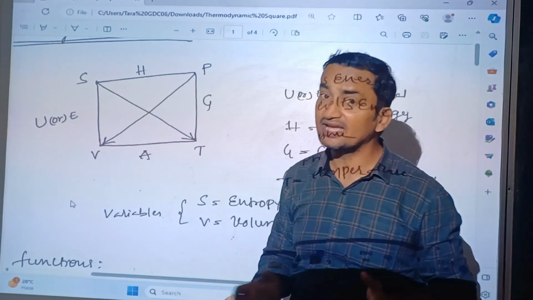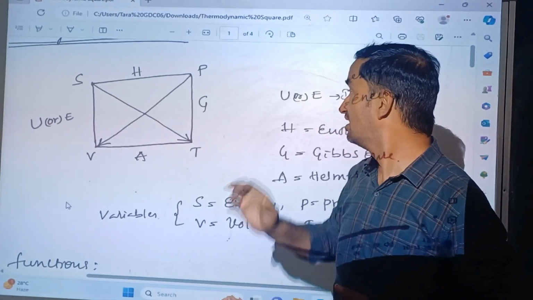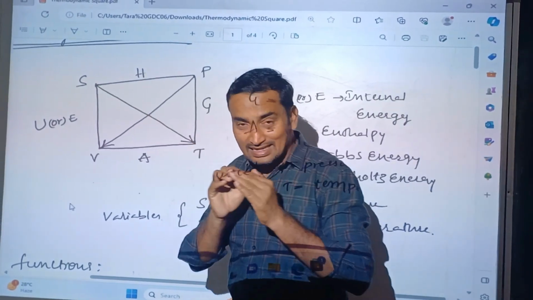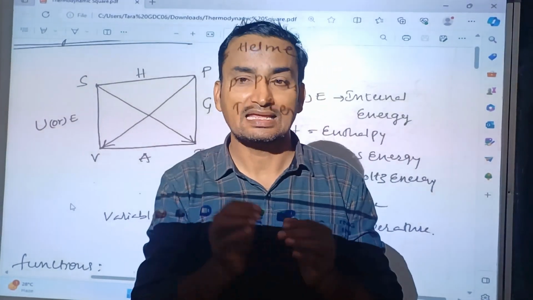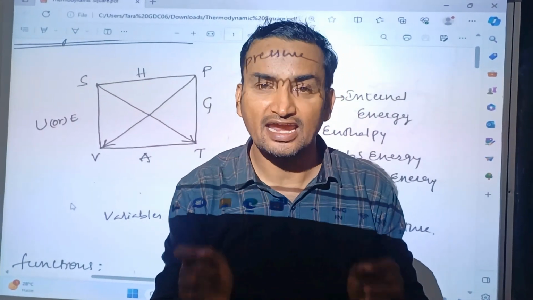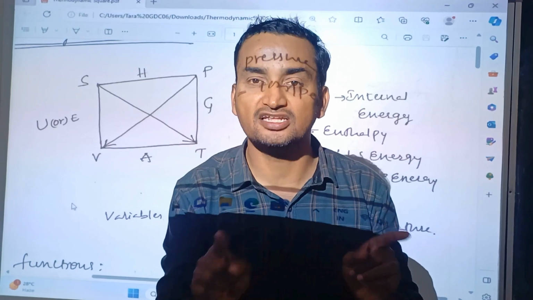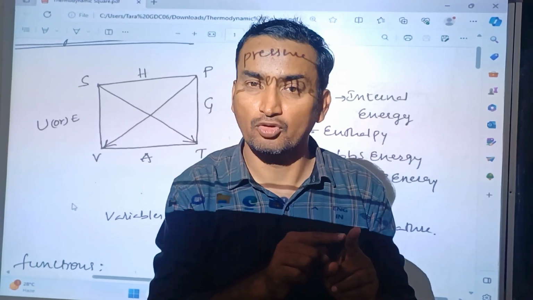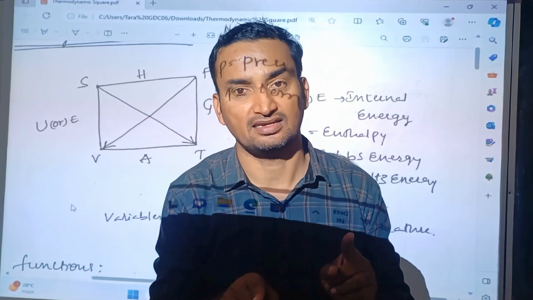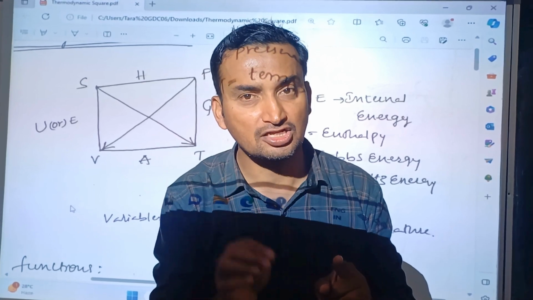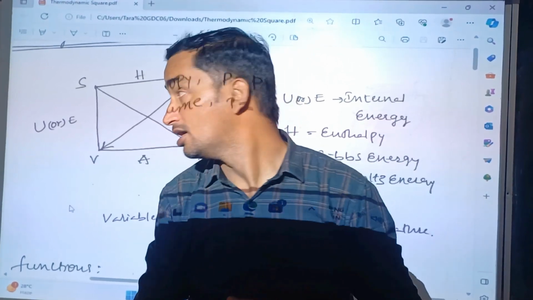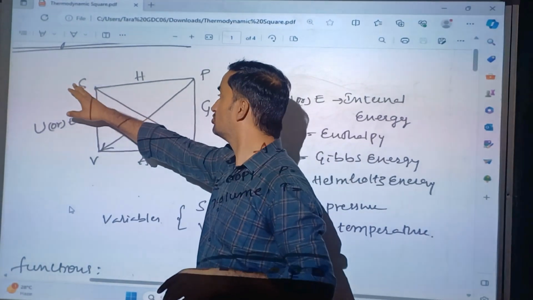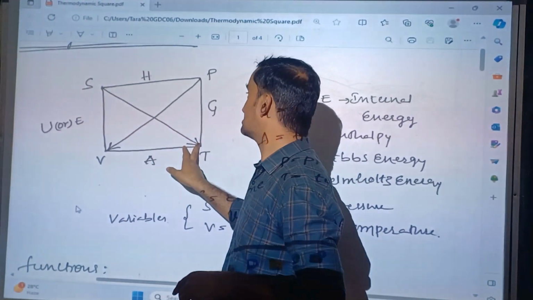Now what about the signs? Here also for signs, whether it is positive or negative, we have to consider only the numerators. If the arrow mark is moving away from the numerator, plus sign. If the arrow mark is moving towards the numerator, minus sign. Now here in the first case the numerator is dou S, the arrow mark is away, plus sign.